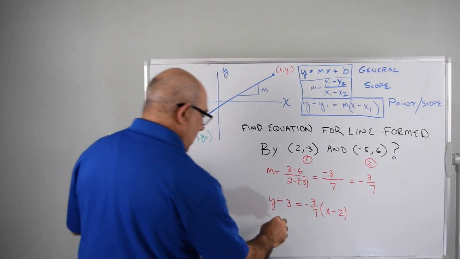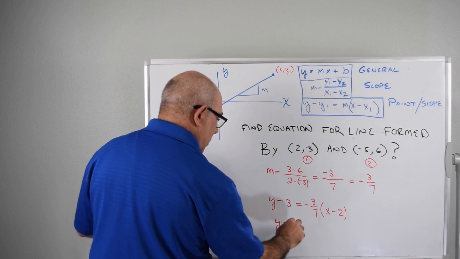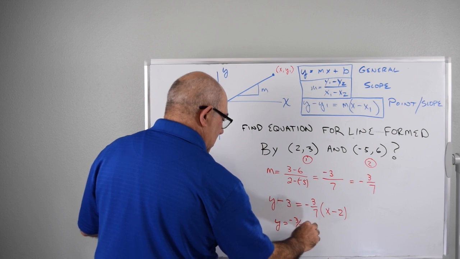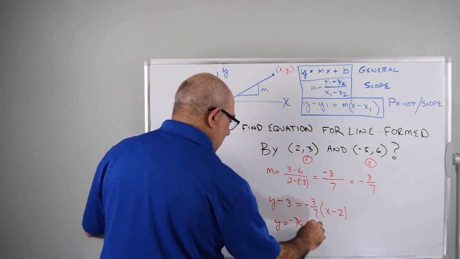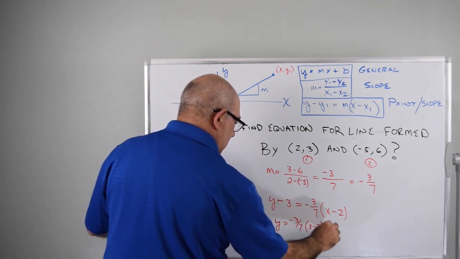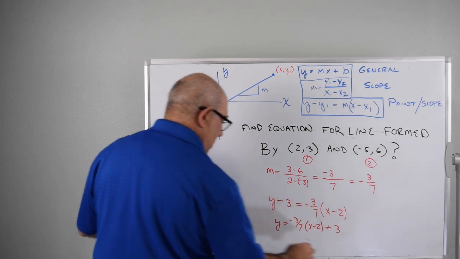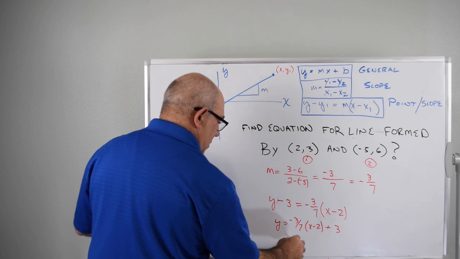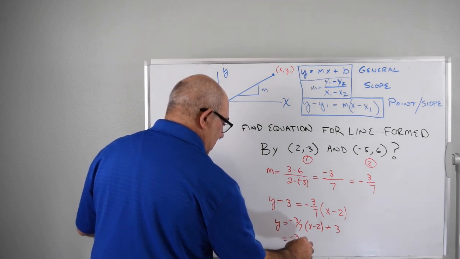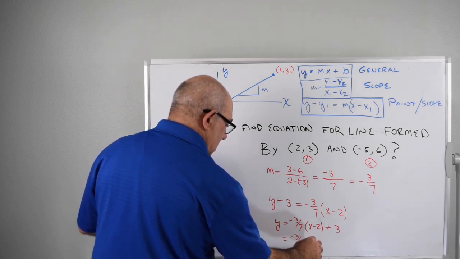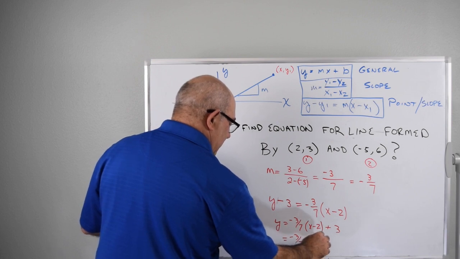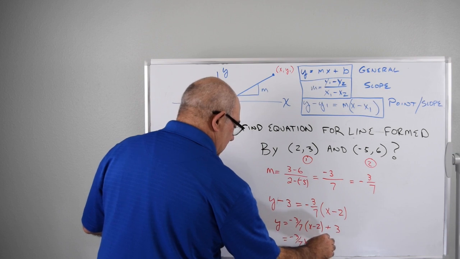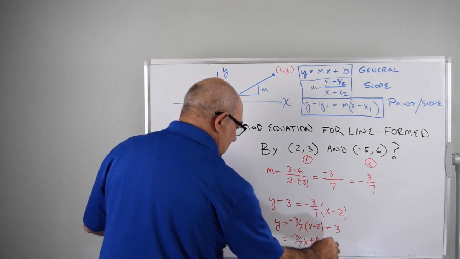Okay, so now let's solve that for y. y equals minus 3/7 times x minus 2 plus 3, bringing this over here, and that equals minus 3/7 x plus 6/7 plus 3.